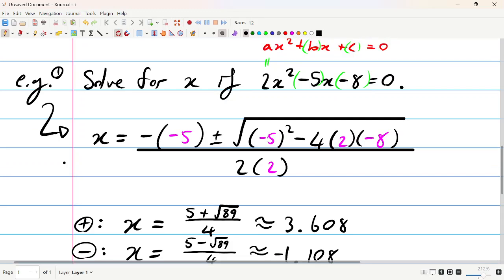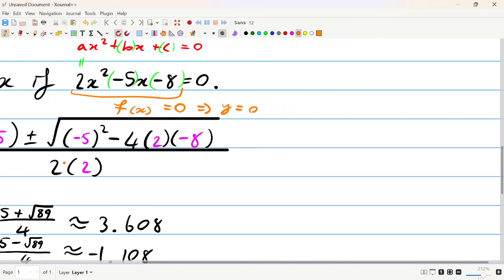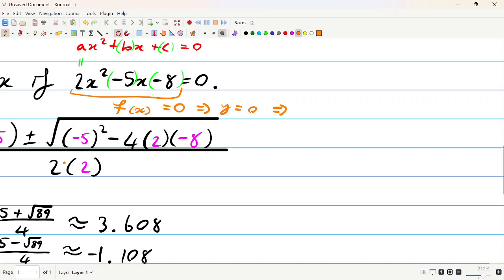And something I'm going to give you as a hint is that when we have an equation or a function which is equal to 0, what does that imply? It implies to us that y is equal to 0. And when y is equal to 0, what are we trying to find? This implies that we are trying to find the x-intercepts.